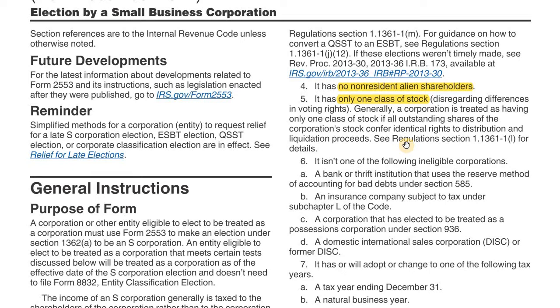In my experience, that's the biggest issue. If you have a multi-member LLC or a corporation with multiple classes of stock already, which is incredibly common, like common and preferred stock, or Class A, B, C, D, and so on, if you have any arrangement like that, you're not going to satisfy this requirement that you only have one class of stock. So this just won't work.